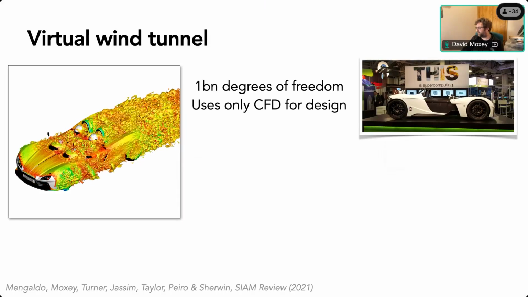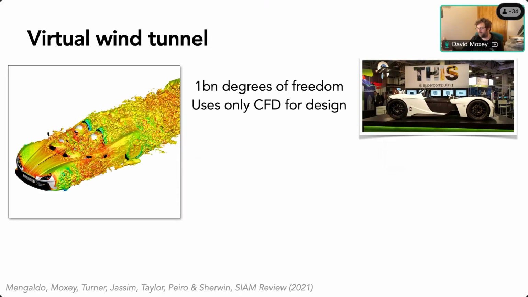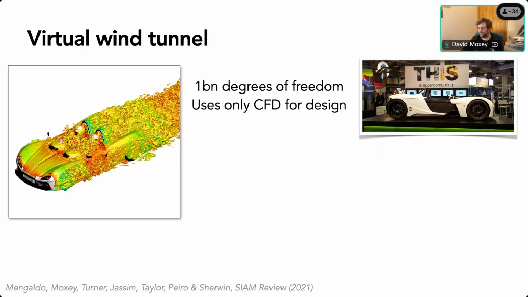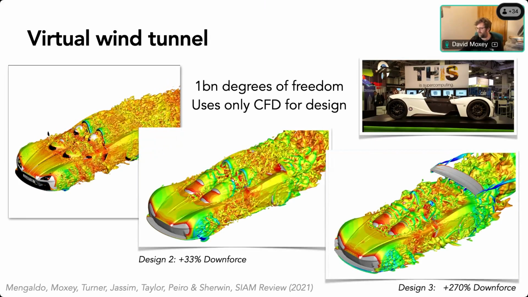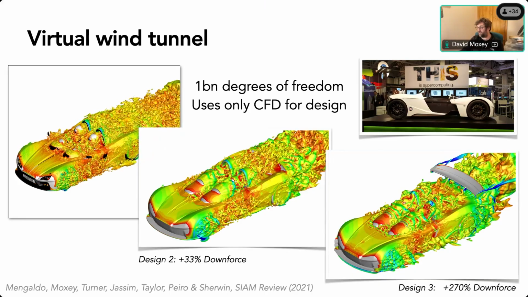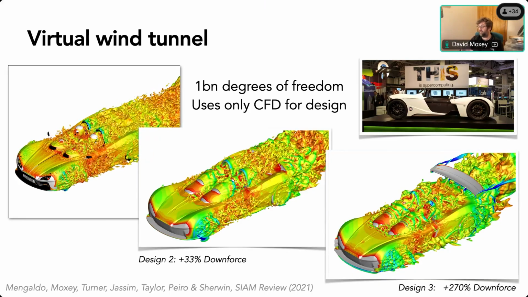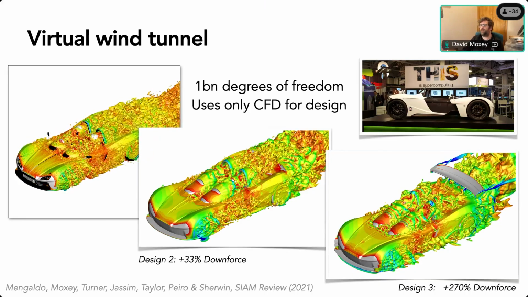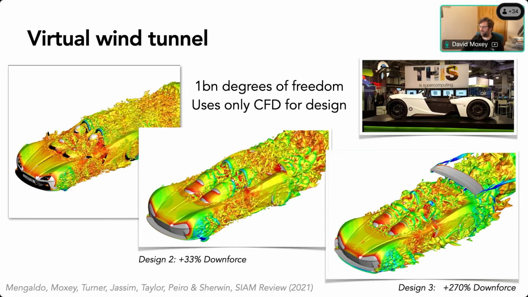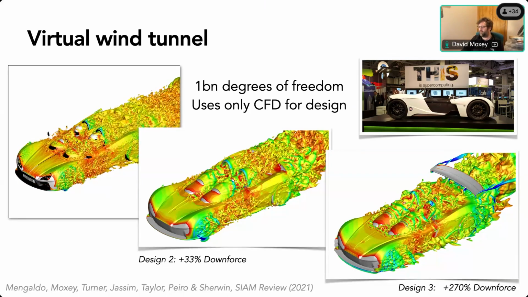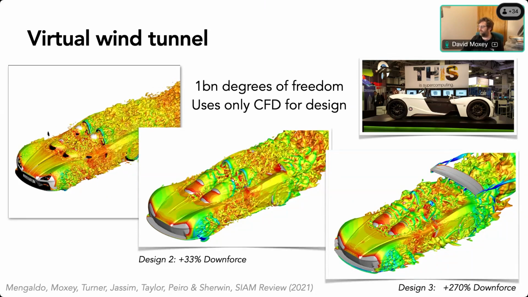Because it costs a lot of money to put one of these in a wind tunnel, we were able to provide a virtual wind tunnel for them, and went through a couple of design iterations purely using Nektar and some other commercial tools and CFD only, to get a clear picture of where downforce has been generated on this. If you're interested in this, there's a review paper that you can have a look at, which is listed down below.